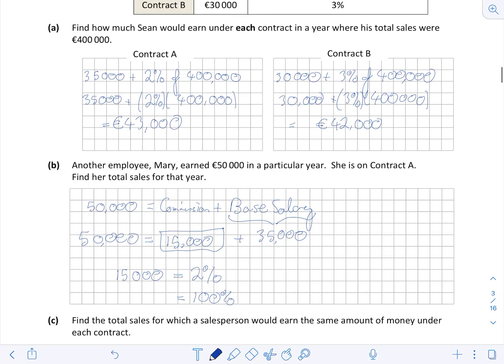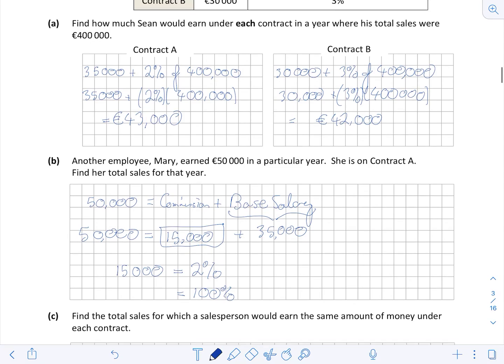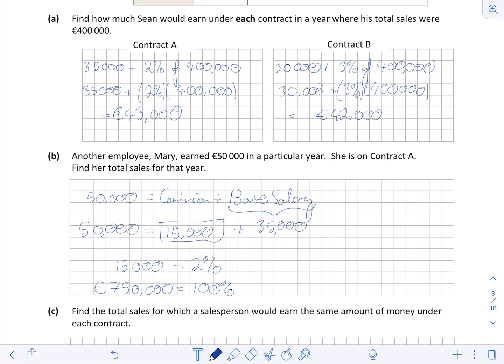Yeah, because there's 50 2%s in 100%. So if I multiply 15,000 by 50, I should get my answer. 15,000 multiplied by 50 is equal to 750,000. So she would have sold that amount of stuff, and because she sold 750,000 euros worth of whatever it is, the company will give her 15,000 as a kind of a bonus or a commission.